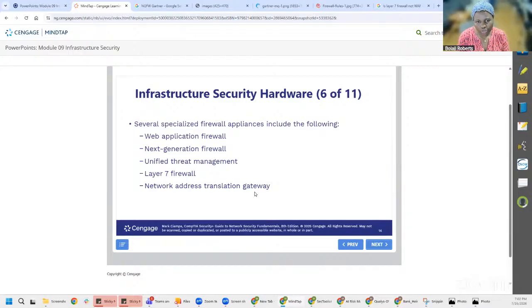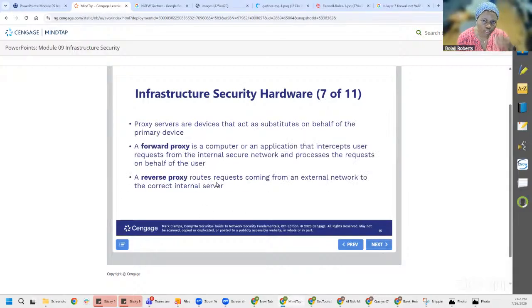So organizations also have specialized network address translation gateways, and their work is to translate internal requests to public IP addresses so that those requests can go out and come back in and you get a response. That's what the network address translation gateway is about.